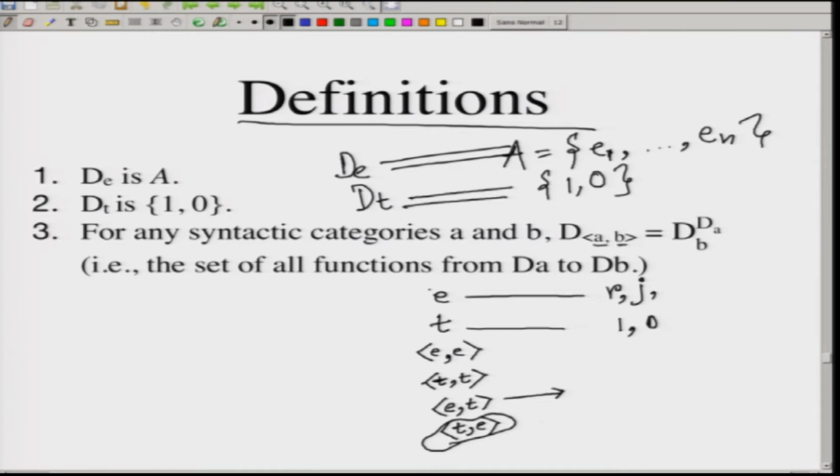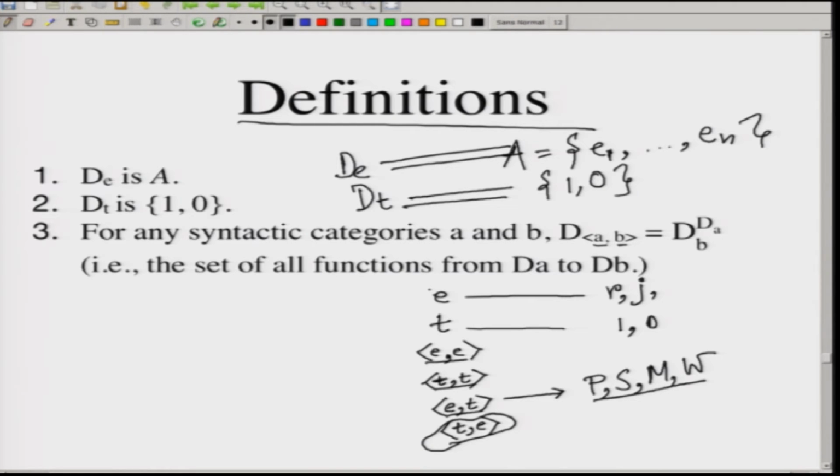So this is the first step of the recursion, that is the first steps are E and T. Then we can have all these things, E to E, T to T, E to T, T to E, and all that. What could be E to T? We'll see. We'll take some time for seeing that, but we'll see that all 1 plus predicates, like for example, philosopher or smokes or man or woman, all these 1 plus predicates actually do belong to this type.